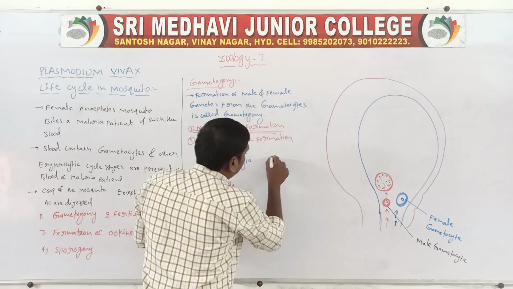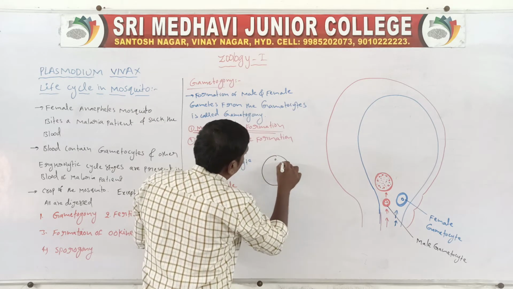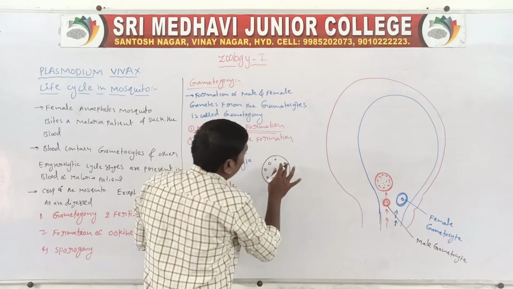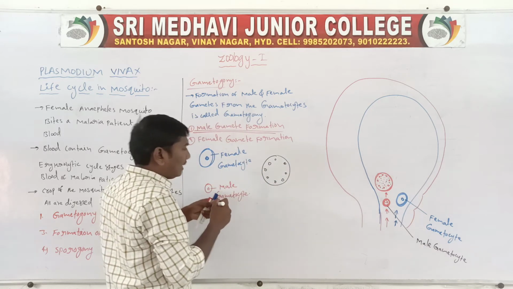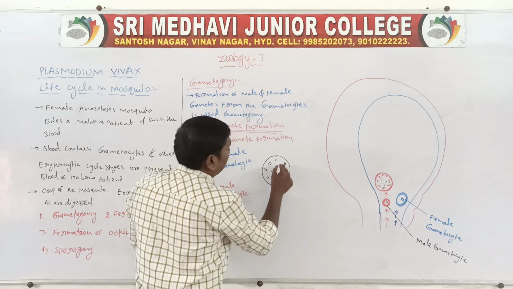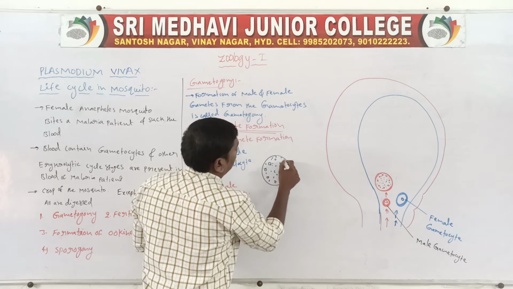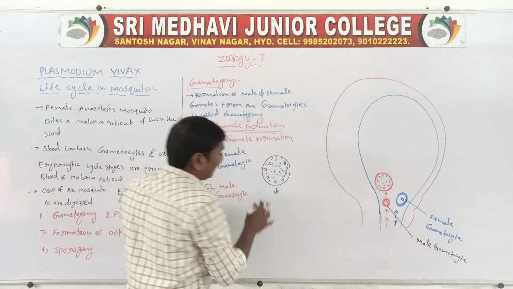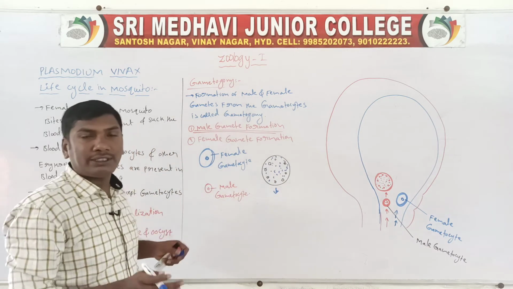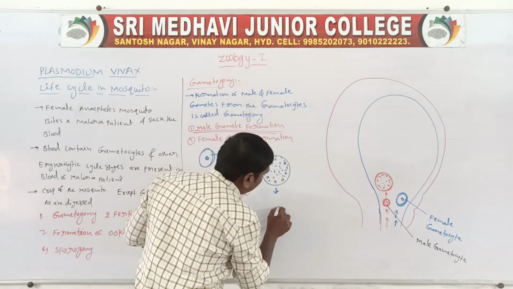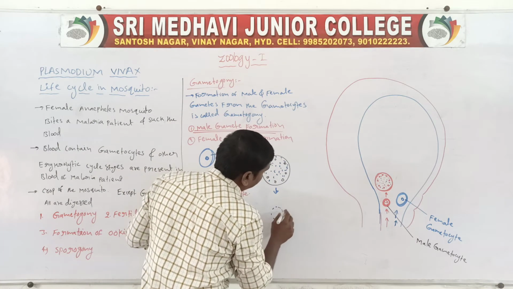See the large diagram: 1, 2, 3, 4, 5, 6, 7, 8, the 8 daughter nuclei present in the cytoplasm. Next step, the cytoplasm pushes outside, forming 8 flagella-like structures.